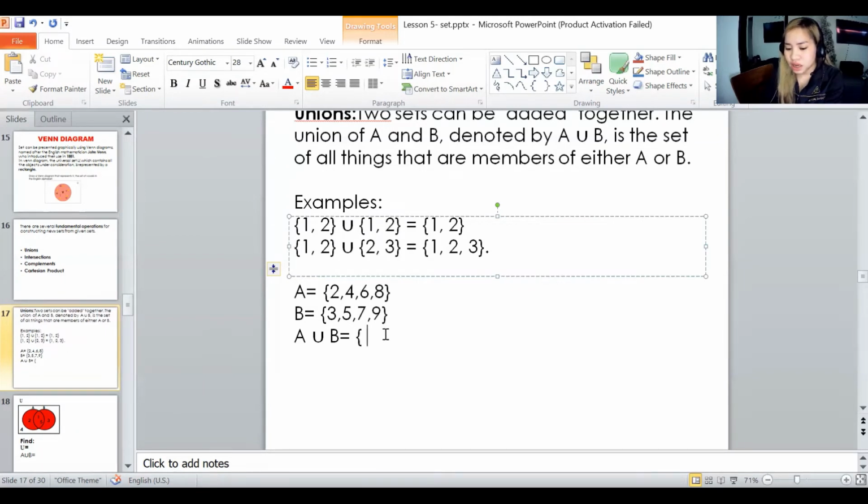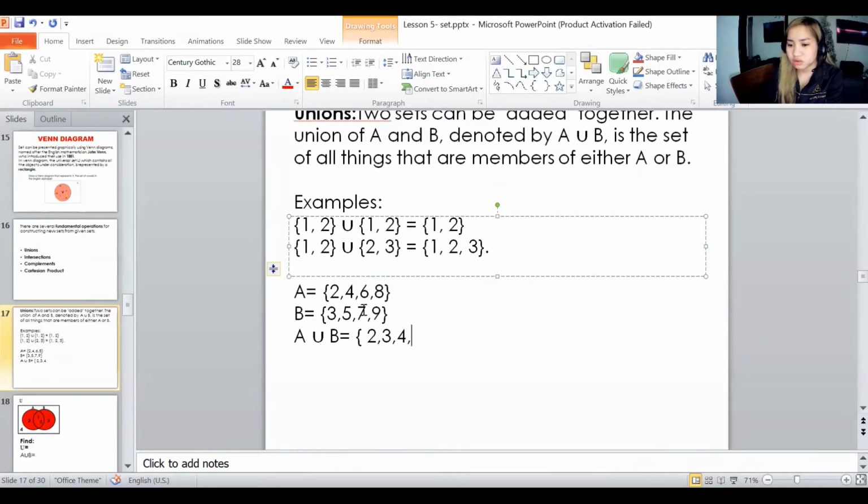So, kapag pinagsama natin, yung 2 is wala kay B, pero ilalagay pa rin natin siya. Yan. Next sa 2, yung kasunod ni 2 is 3. Ayan, may 3 po sa B, kaya ilalagay natin dito. May 4 po ba? Ayan, meron po kay A na 4, kaya ilalagay natin siya dito.